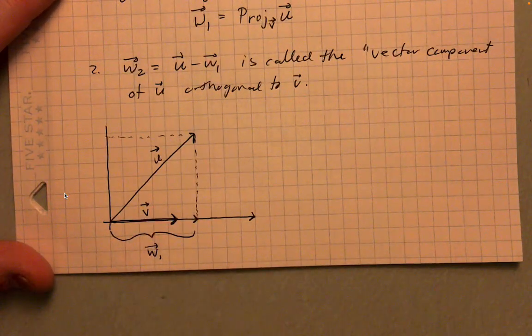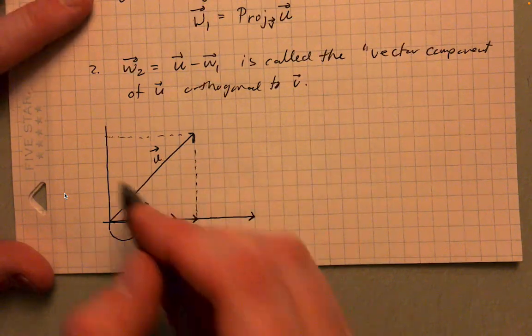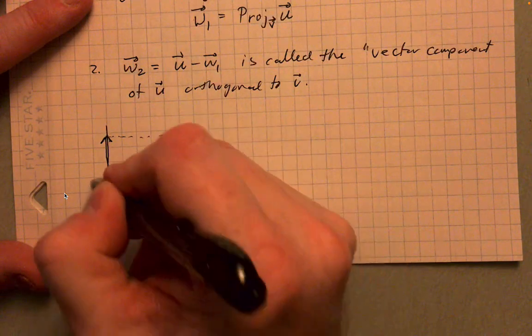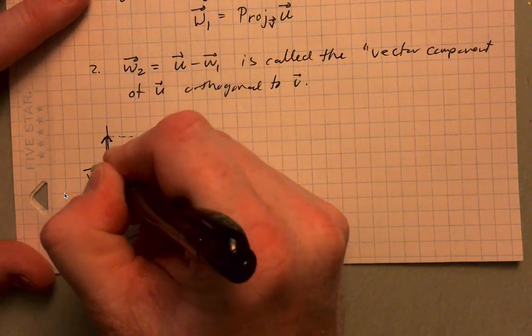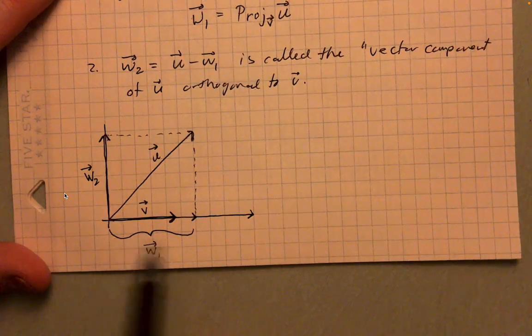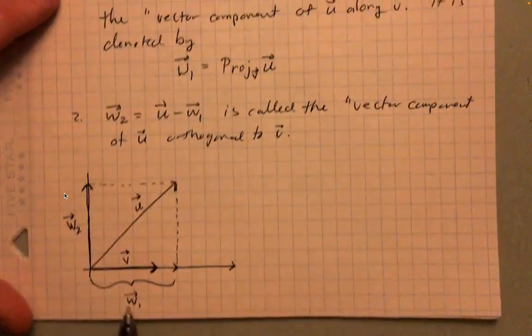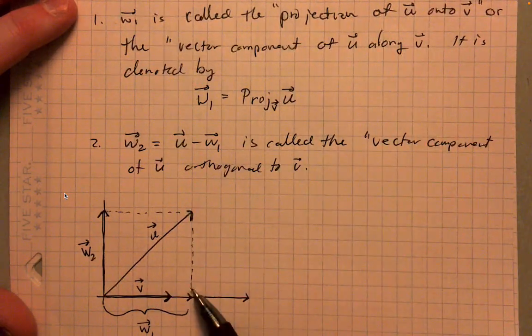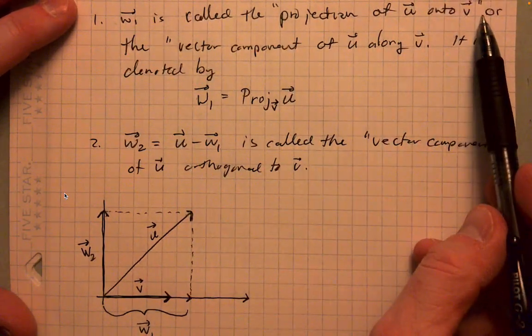That's w1, so it's parallel to v. And then over here, you've got this other one that comes up like this, and that's w2, which is orthogonal to v. So this w1 down here is called the projection of u. It projects u onto v.